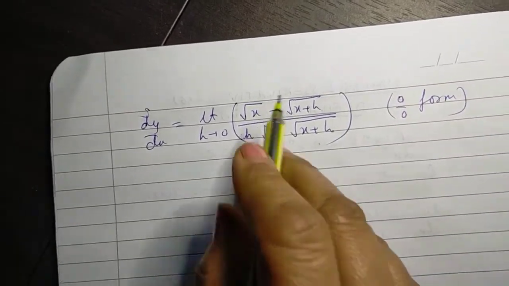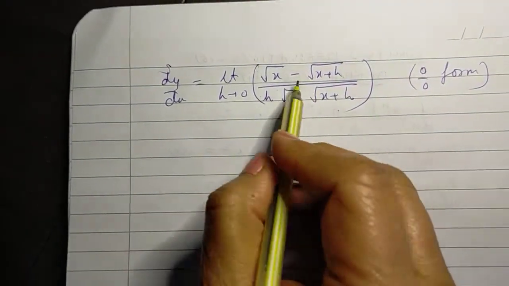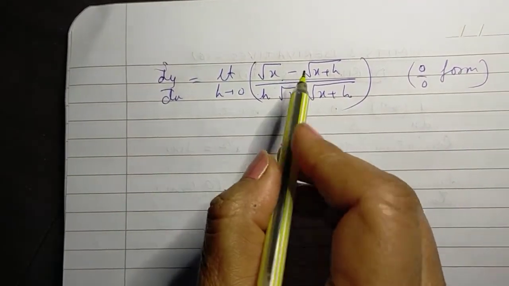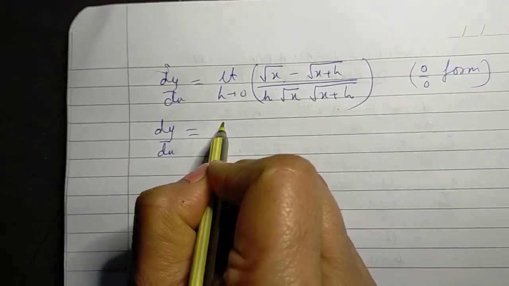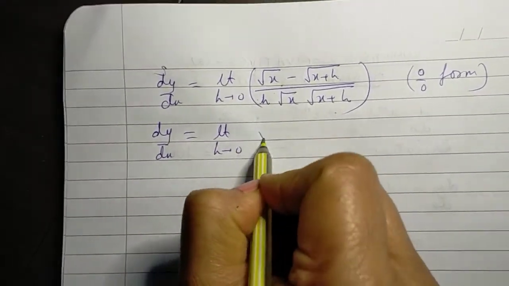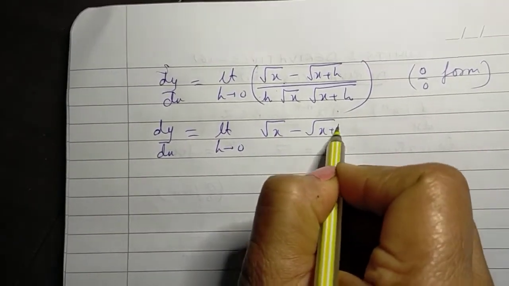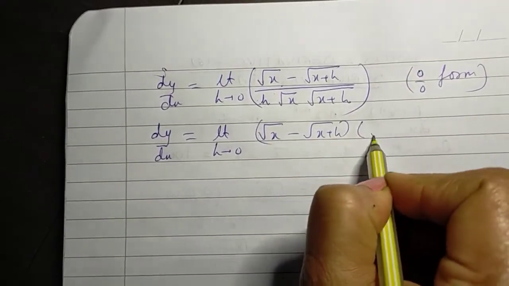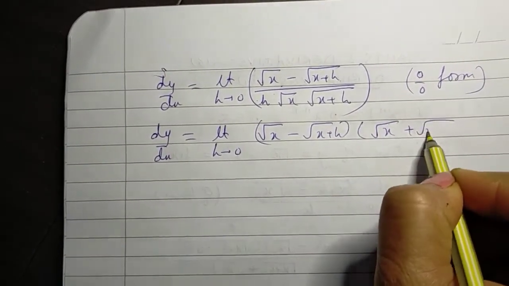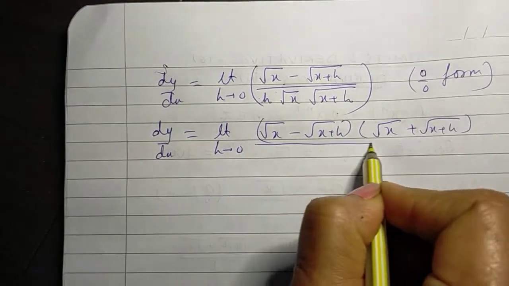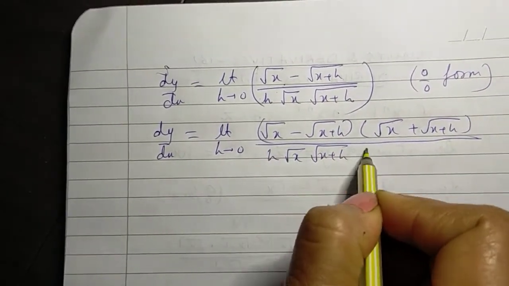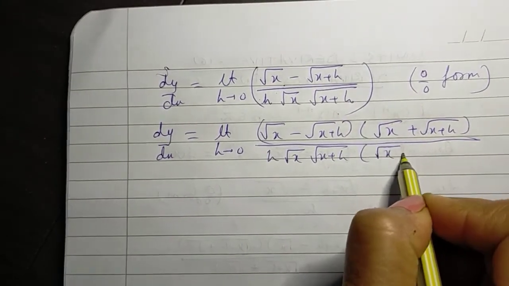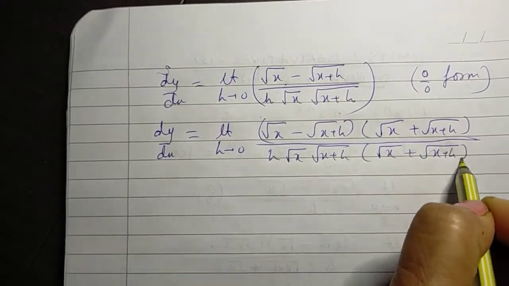So again, like the previous part, we rationalize the numerator. So what we get is dy by dx is equal to limit h tending to 0 of root x minus root x plus h into root x plus h, and in the denominator we have h root x plus h, multiplied by root x plus h.